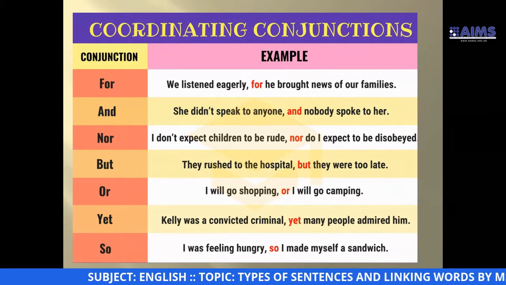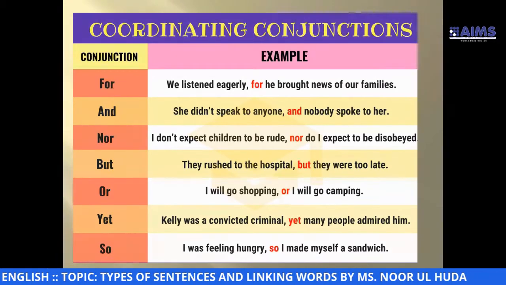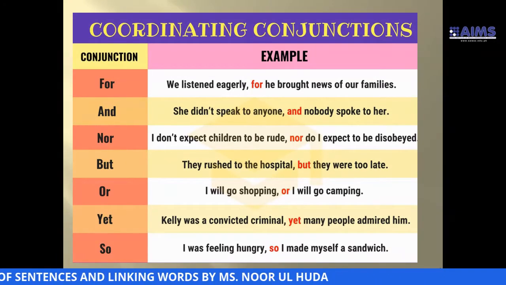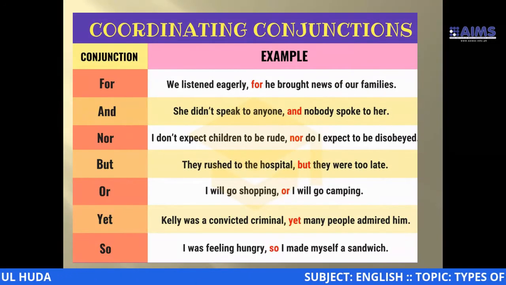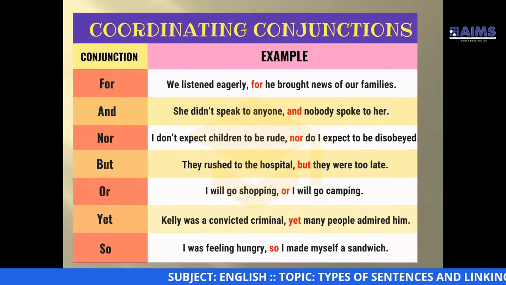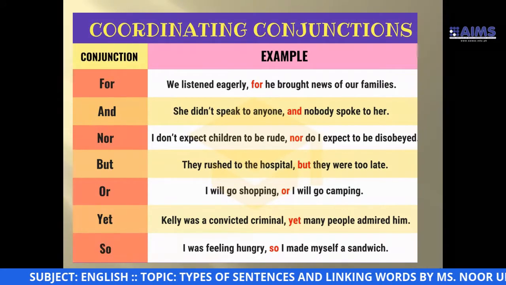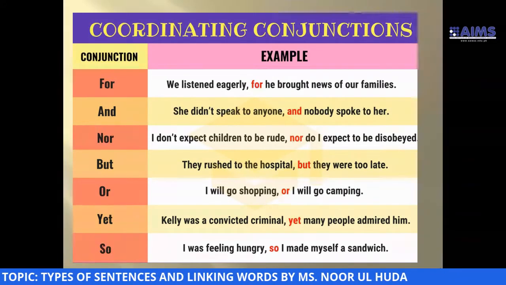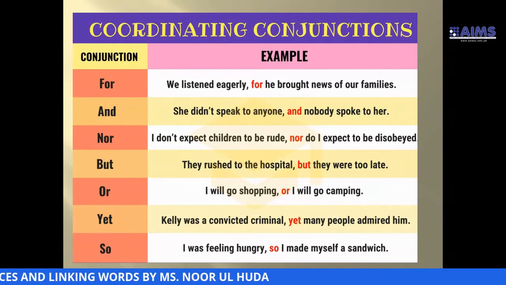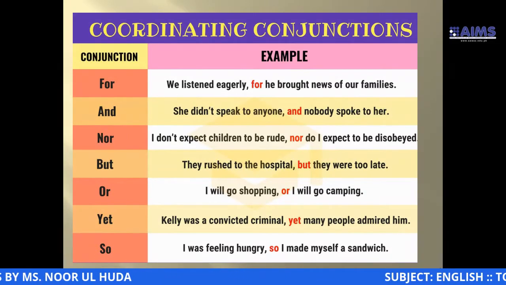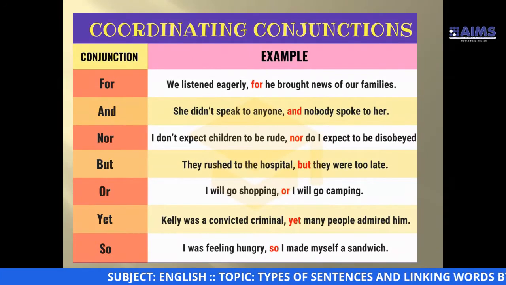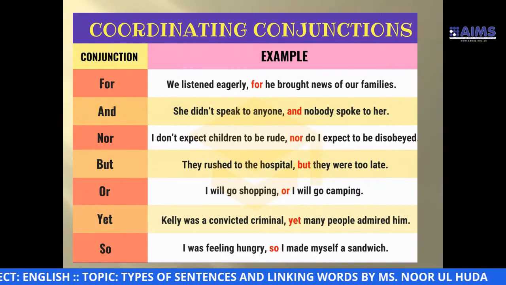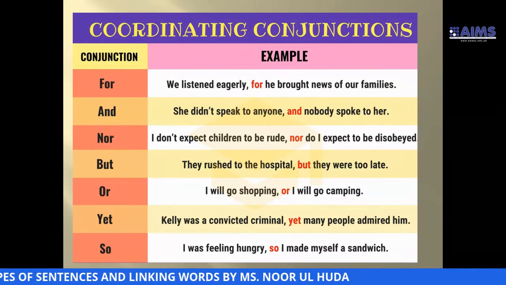The coordinating conjunctions are basically seven, and they can be memorized as FANBOYS: for, and, nor, but, or, yet, and so. All right, when we talk about "for," we can use it to combine two independent clauses.